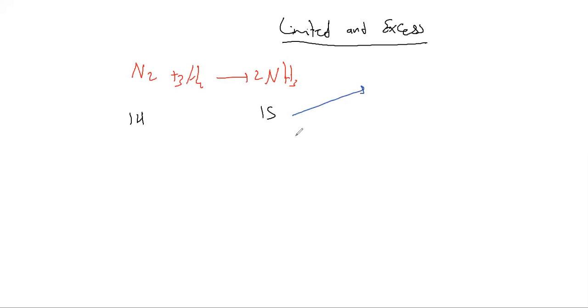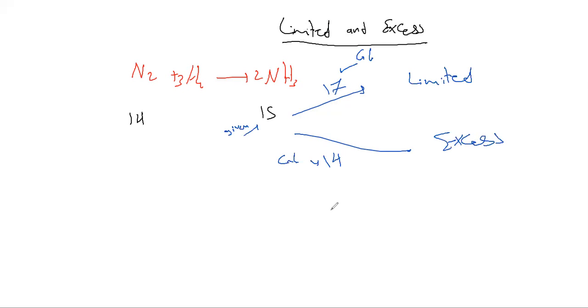If the number you calculate is greater than the given, this is limiting. If the number calculated is lower than the given, this is excess.